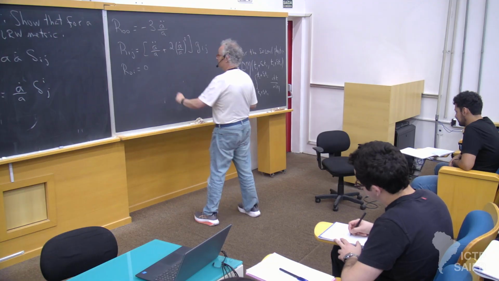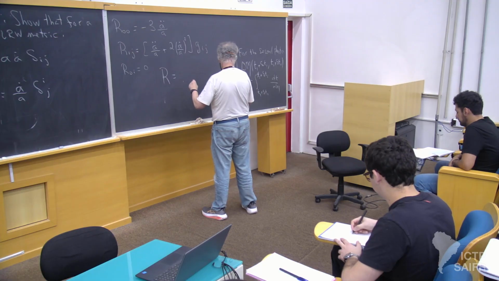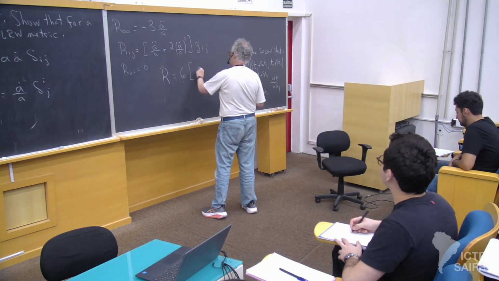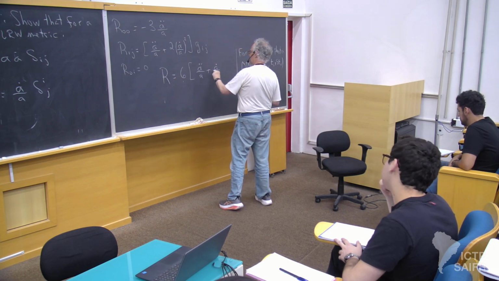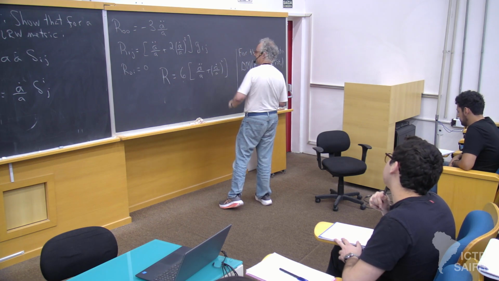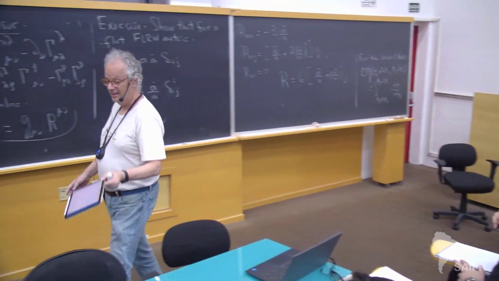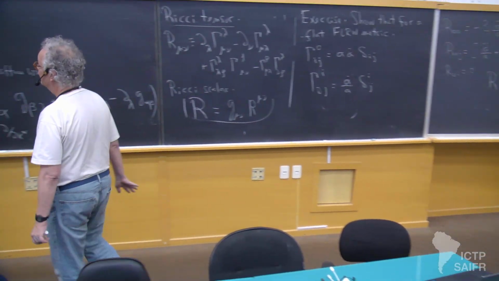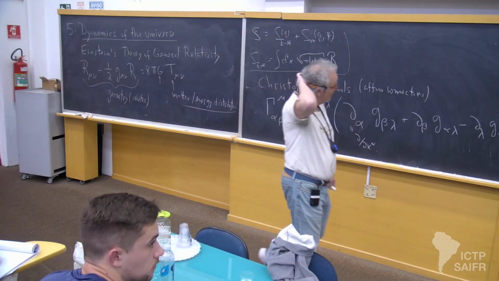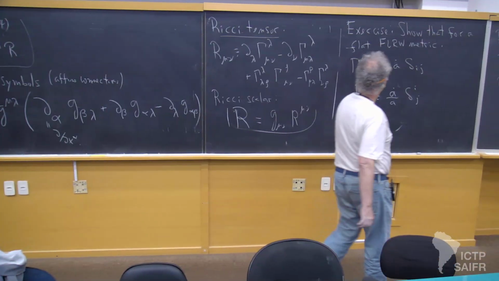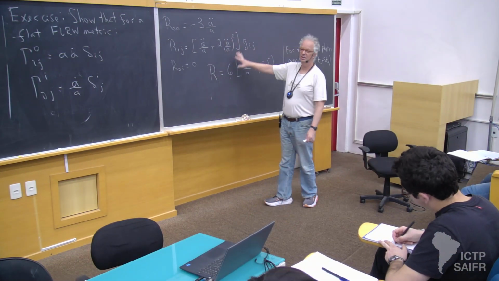And from this, you can compute, finally, the Ricci scalar. And the Ricci scalar, if you do the math, is just 6 times A double dot over A plus A dot over A squared. So, in this very simple case of a background universe, uniform, homogeneous, isotropic, described by a flat Friedmann-Lemaitre-Robertson-Walker metric, these are the only things you have to consider.